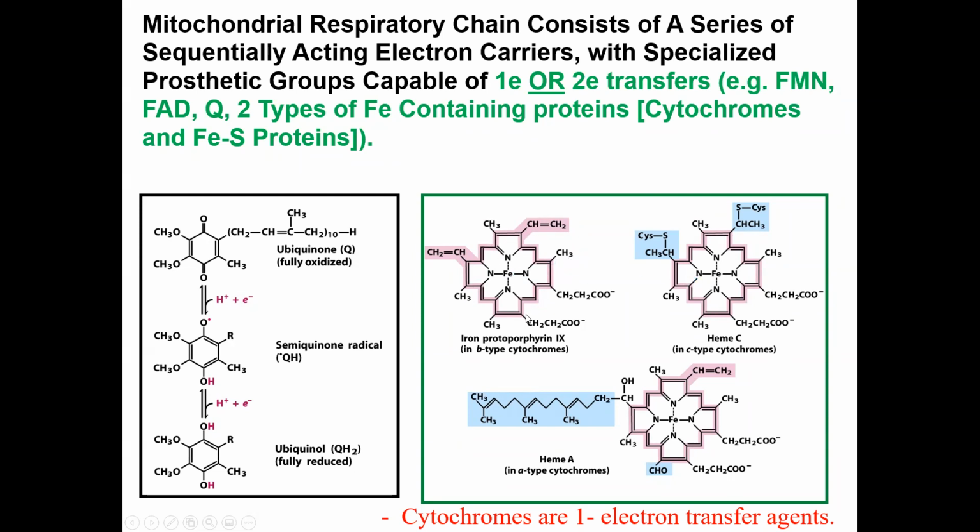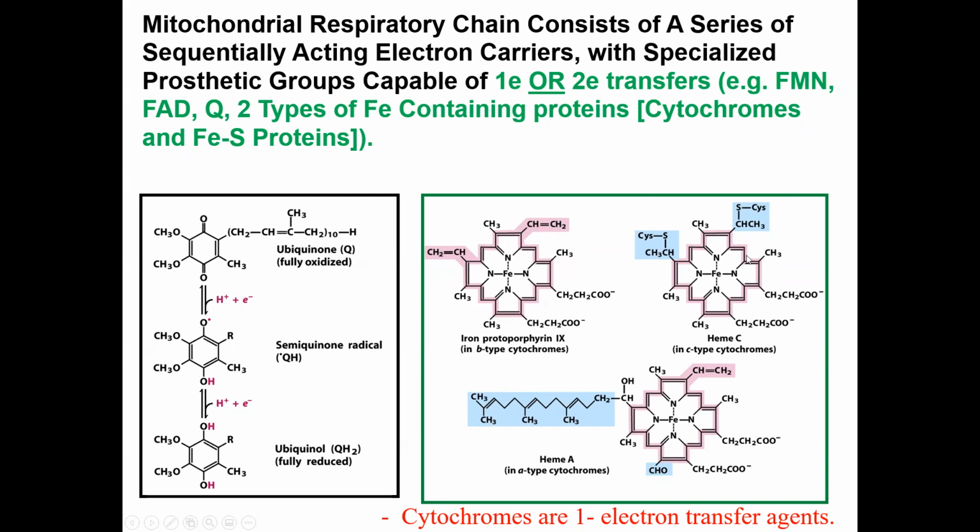So if you talk about B-type cytochromes, which are these proteins that will contain this type of prosthetic group, protoporphyrin 9, you have seen this. This protoporphyrin 9 is found in B-type cytochromes, and you have seen them in your structure of hemoglobin and myoglobin. That's the one here on the left.